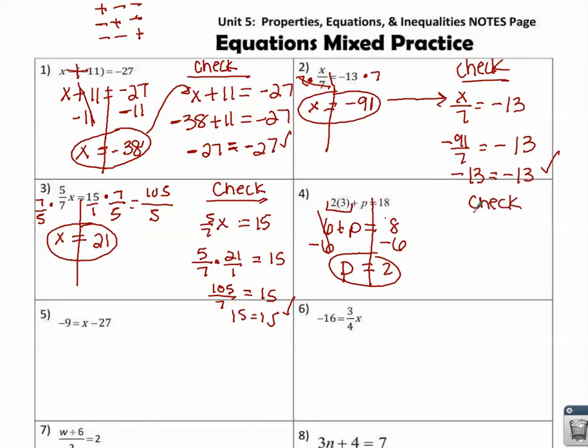Check your answer. Write down the original problem, substitute in your answer, and in this case, follow order of operations. So you're going to multiply first.